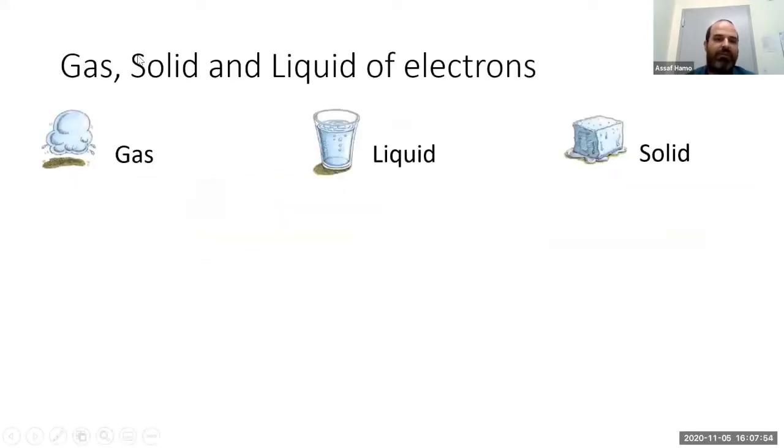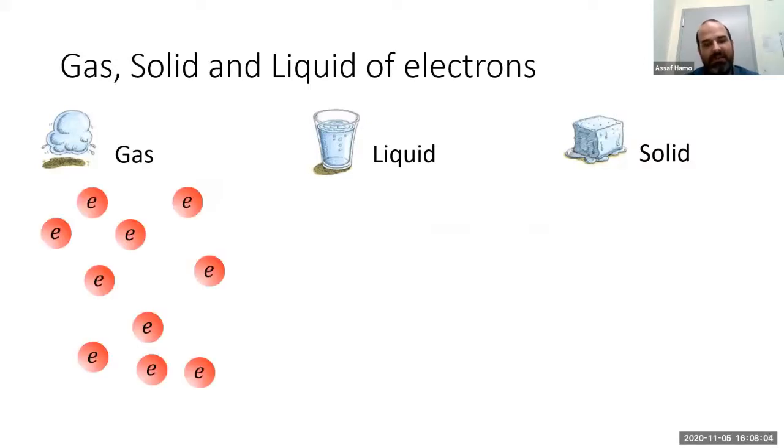As we all know, we have 3 phases of matter, and it turns out that you have very similar phases in electronic systems. So the most common one is that of a gas, and this happens when the kinetic energy of the electrons is larger than the interaction energy. And in that case, you can describe every electron as a free particle and the whole electronic system as a gas, also known as Fermi gas.